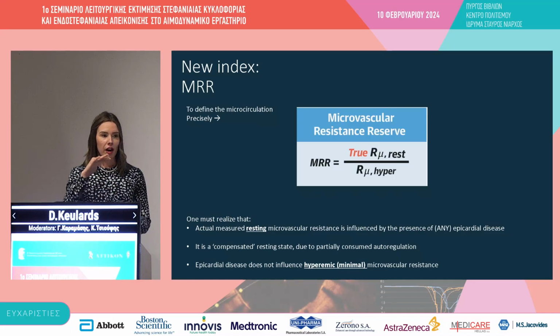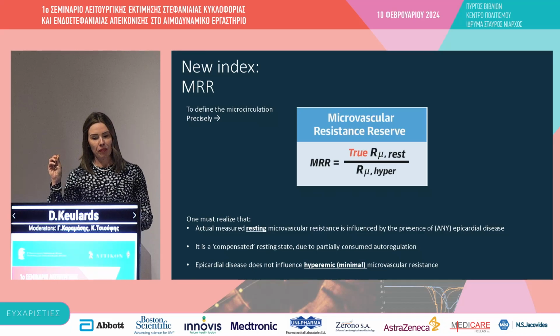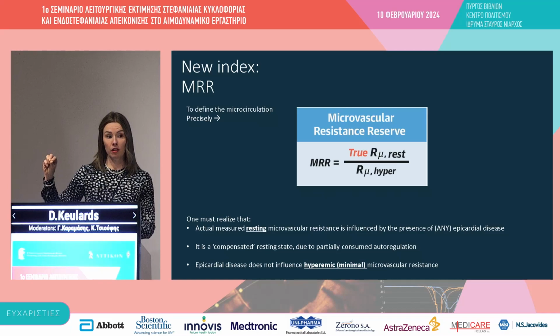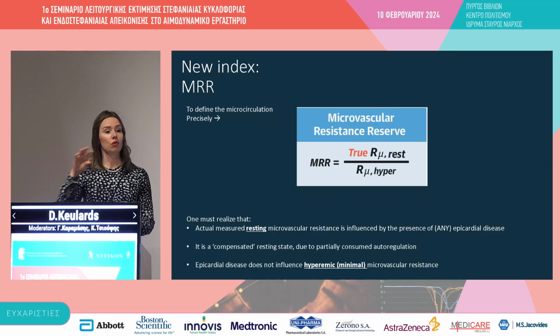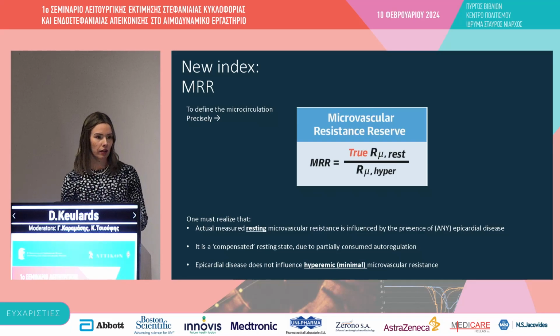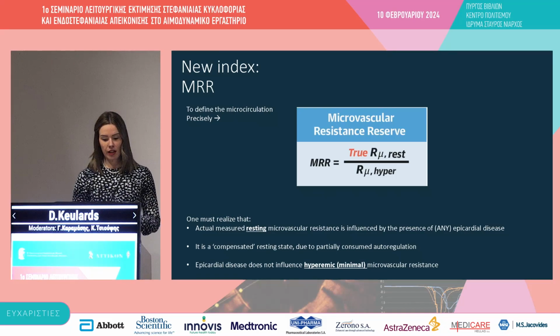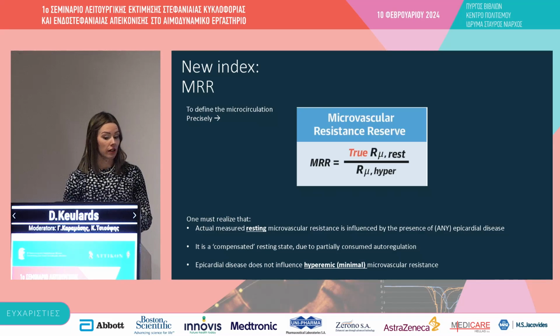So if there is a very slight difference between PA and PD, the microvasculature, because of the autoregulation, diminishes its resistance to keep the flow constant. So what you actually measure with resting microvascular resistance is a compensated resting state due to your autoregulation.